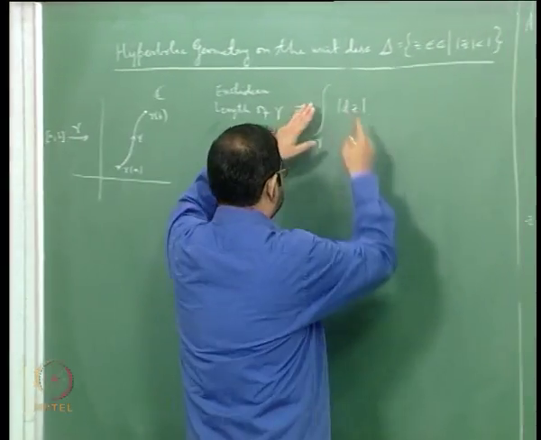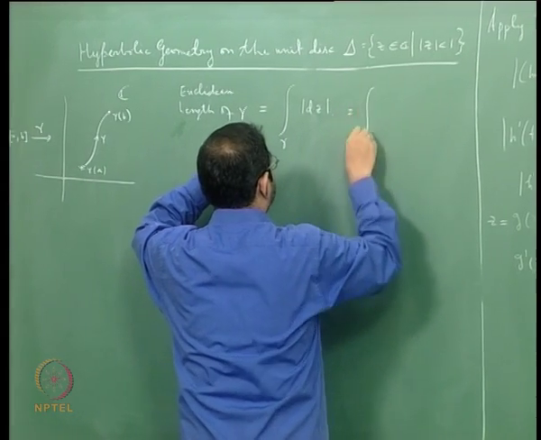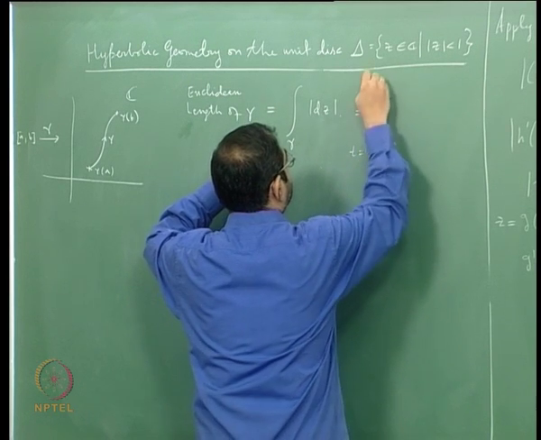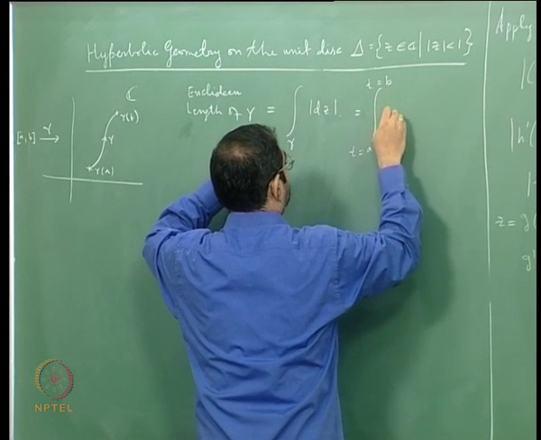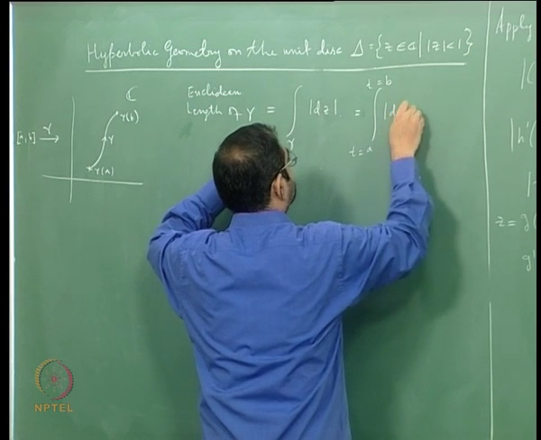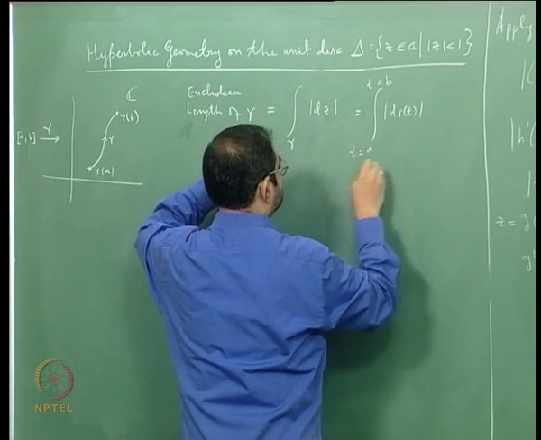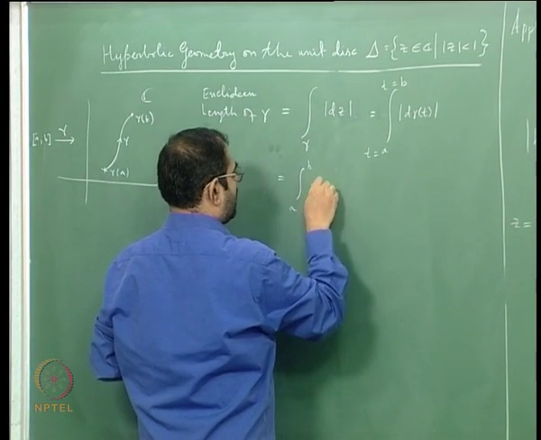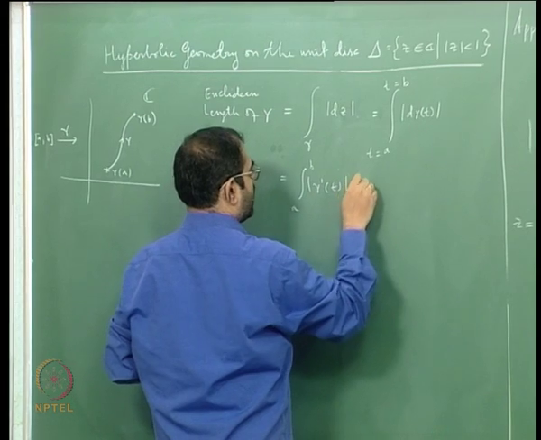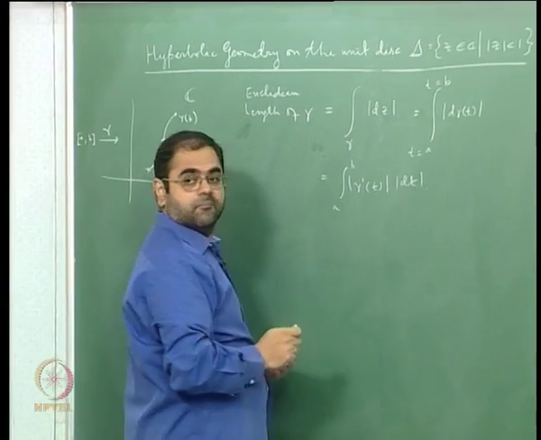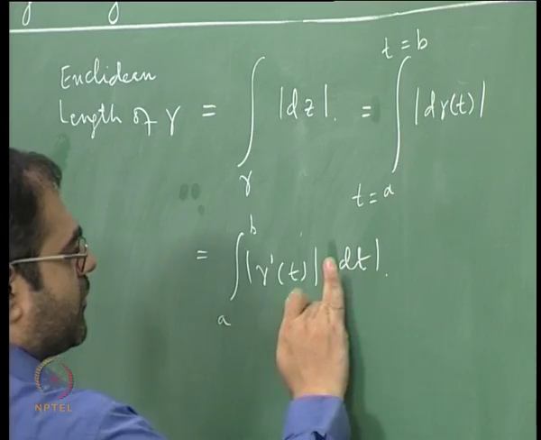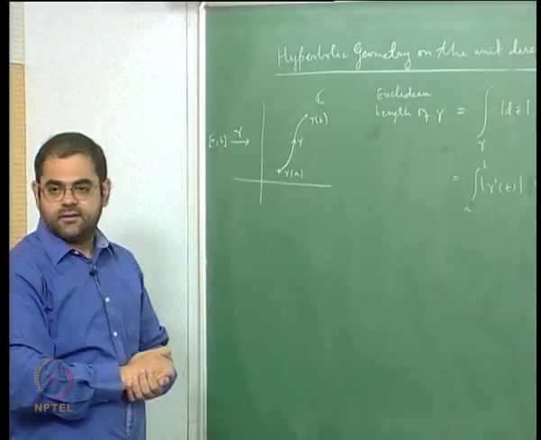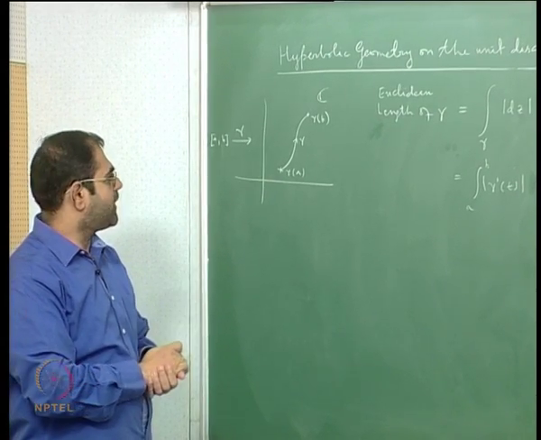You can also substitute: it is the integral from t equal to A to t equal to B of the modulus of d gamma of t, and that will be just the integral from A to B of mod gamma dash of t into mod dt. Of course t is increasing, so you don't have to put the mod there. So this is the Euclidean length of an arc, okay.